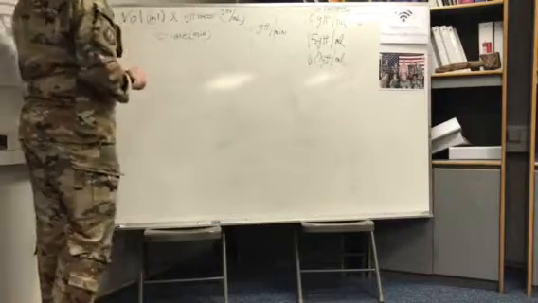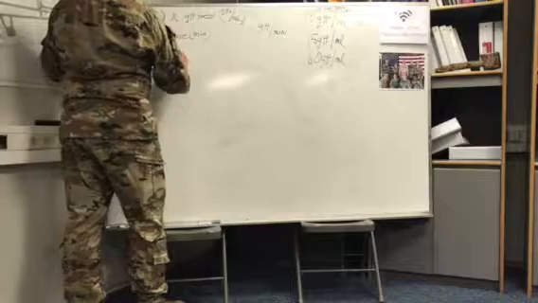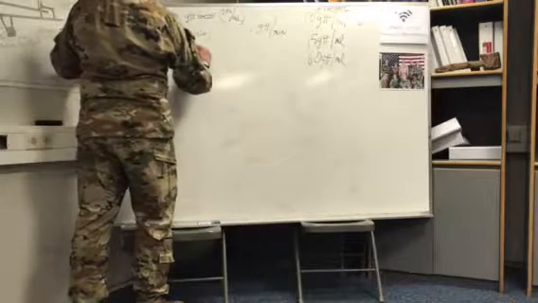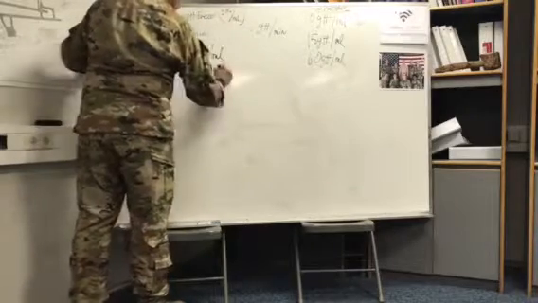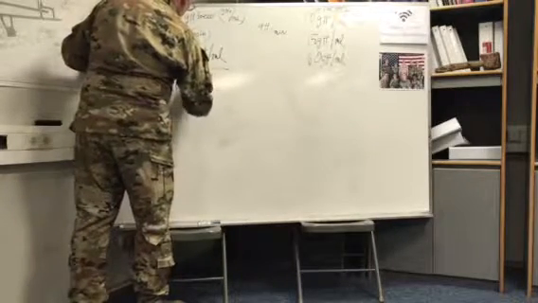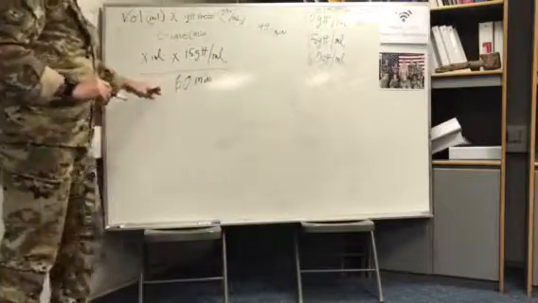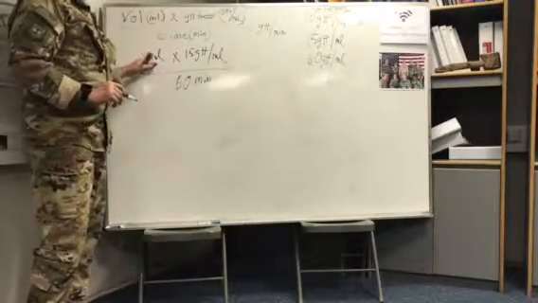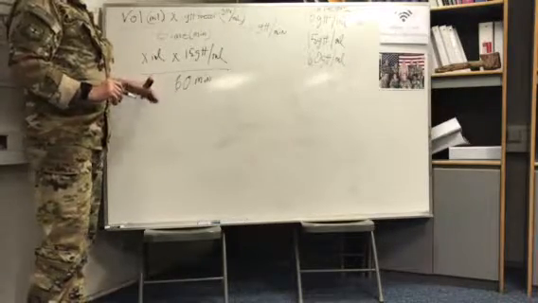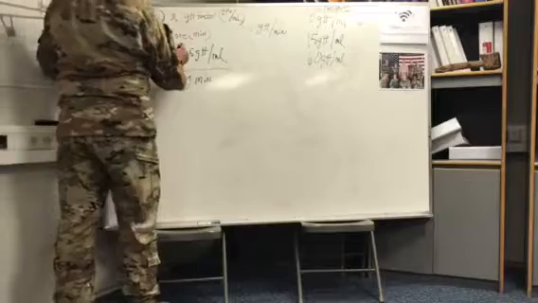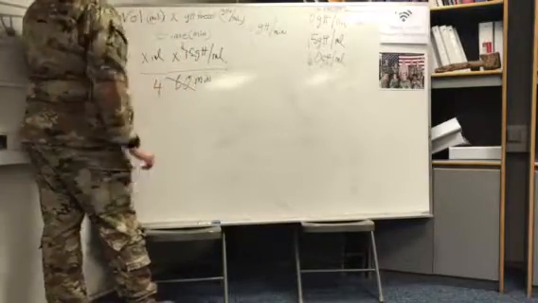Let's do the same thing for a 15 drop set. X milliliters times 15 drops per milliliter over 60 minutes. Remember, we have to bring the volume to be infused equivalent to what would be infused over 1 hour. So 15 goes into itself once, it goes into 60 4 times.